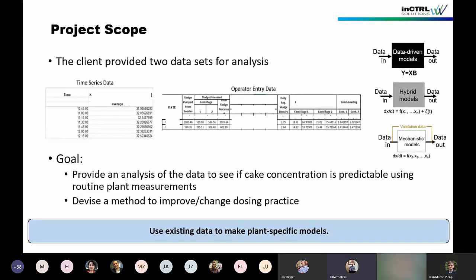Now, just to give you a bit of background on the scope of the work, the client on this particular case study gave us 2 sets of data for analysis. And this is probably a very typical situation that you'll see at plants: you have time series data that's probably collected in your SCADA system and stored in a database, collected very frequently.